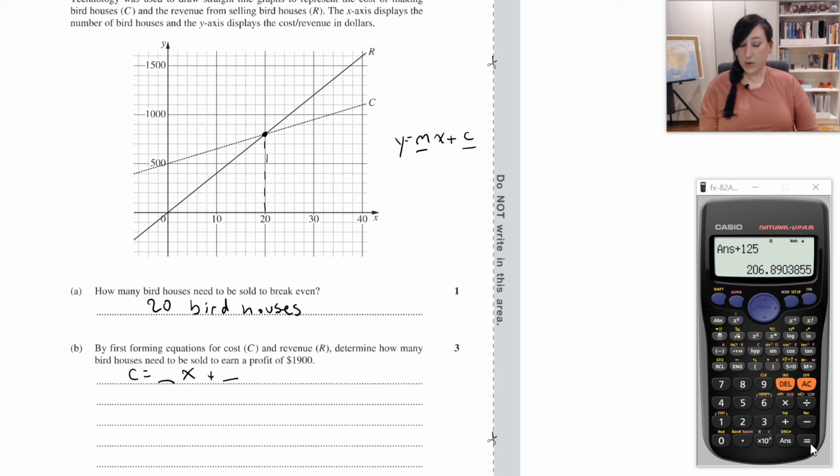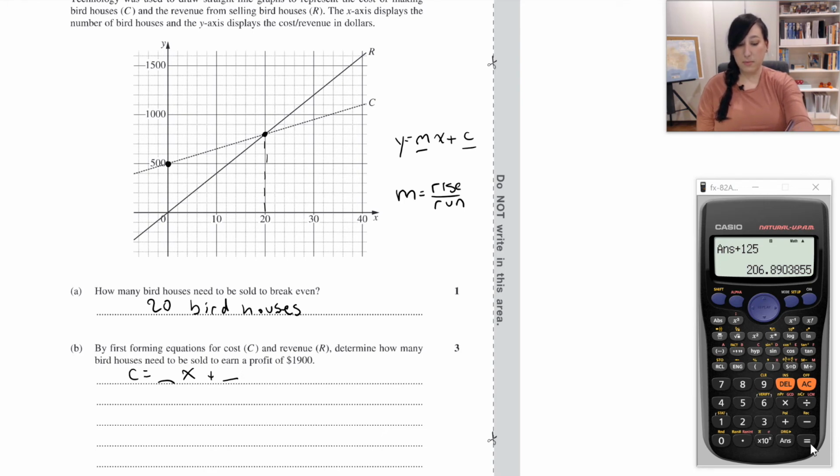So let's work out the gradient for cost. Gradient, m, is rise over run. So to work out the gradient from a graph, we need to find 2 points on the line and work out the rise and the run. So 2 points we can use here would be this point here at the beginning, as well as the break-even point.